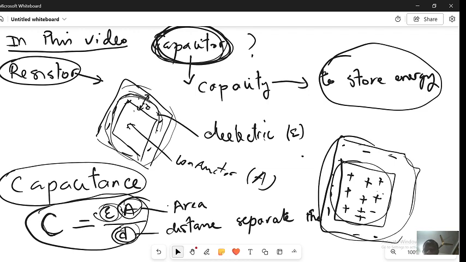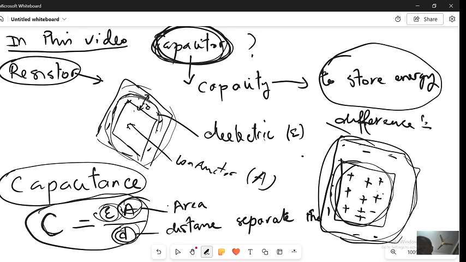We already saw in the previous video that when we have a positive charge and a negative charge, we will have a difference of potential, and that is the voltage.